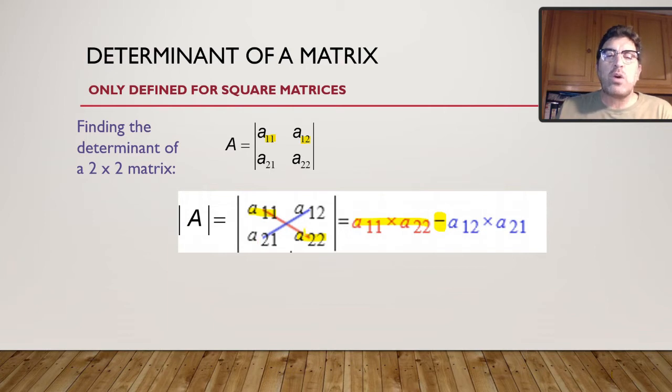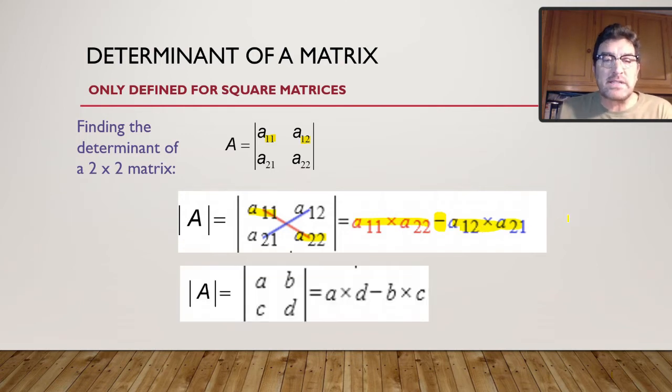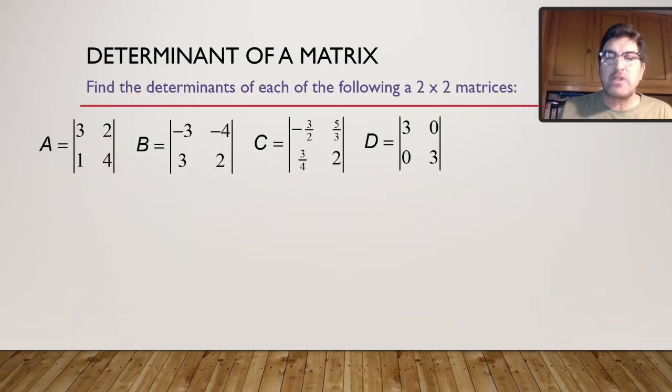So A11 times A22 minus A21 times A12, and that gives you the determinant of that matrix. Okay, so if we talk about the entries just being A, B, C, and D, it is AD minus BC that gives you the determinant of the matrix A, if it's a 2 by 2 square matrix.